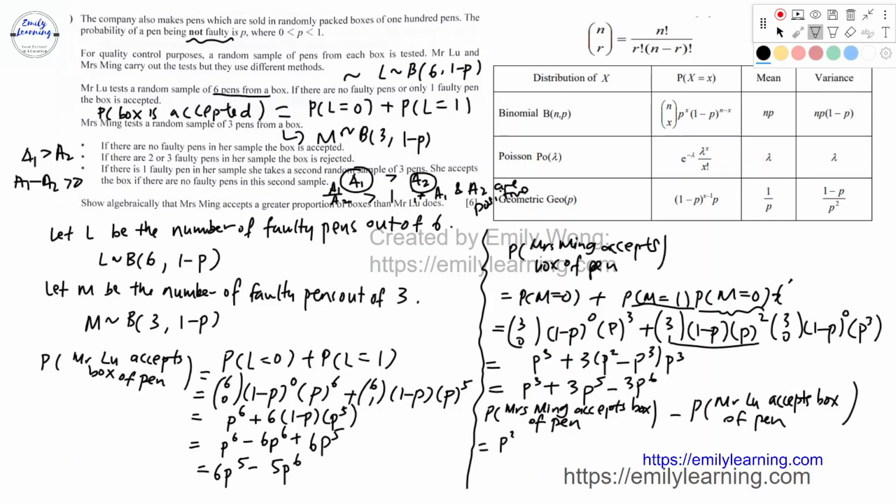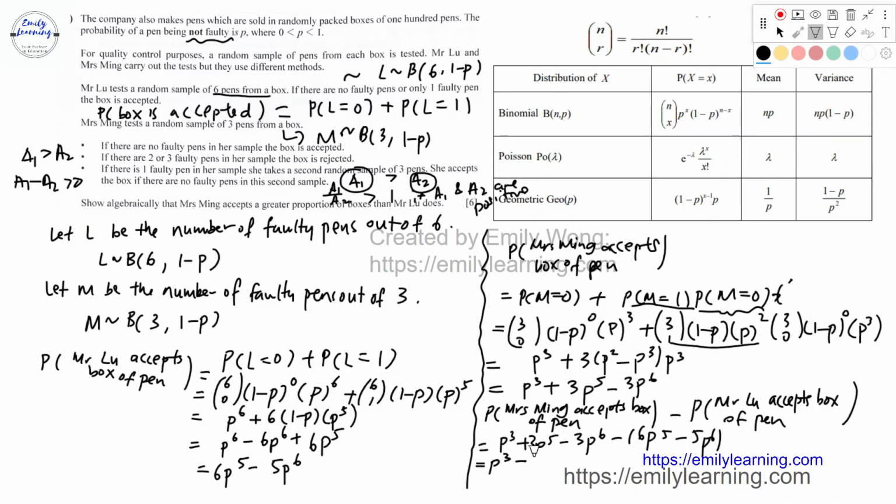So I have P cubed plus 3P^5 minus 3P^6 minus 6P^5 minus 5P^6. Once I'm done with this, let's simplify. The P cubed has nothing to subtract away, so I'll just keep it as P cubed.